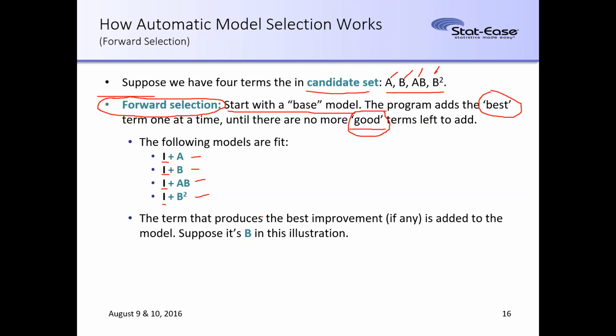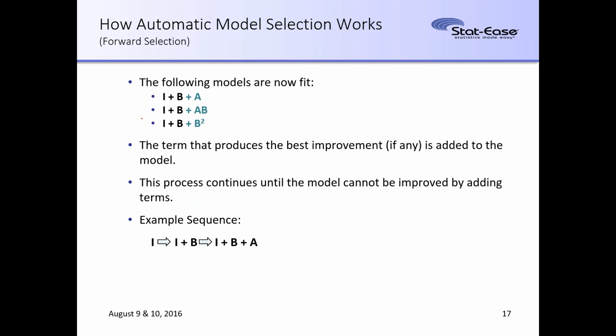And what it'll do is it'll pick the term of these 4 that produces the best improvement, if there is an improvement, and actually add it to the model. So let's suppose in this case B is the best term. Then what the forward selection will do is it'll fit the model with the intercept plus B, and then add A, take out A, add AB, take out AB, add B squared, take out B squared.